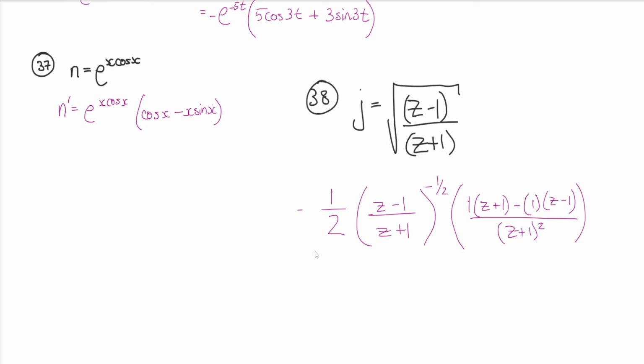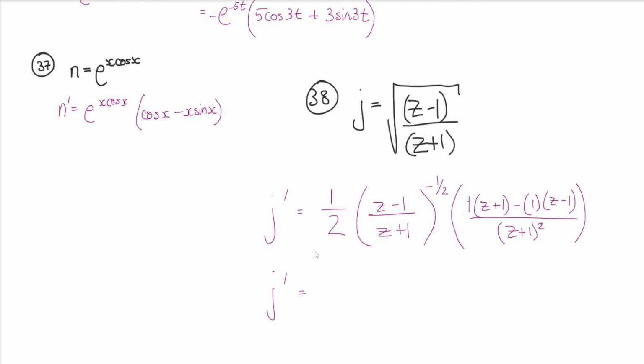So we can simplify that. J prime is z plus 1 minus z minus 1. So really we have to distribute the minus there, right? So we end up with 1 plus 1, which is 2.